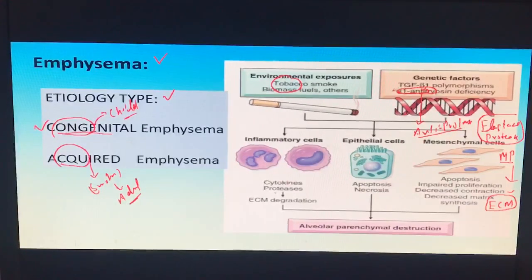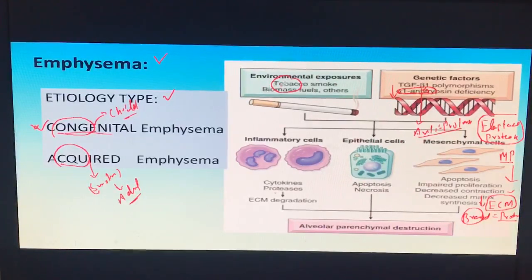So if genetically we have a deficiency here, during the process of remodeling of the extracellular matrix, there must be a balance between breakdown and production. If you break too much and produce little, what happens? The extracellular matrix quantity goes down. It leads to congenital emphysema. The child having a genetic issue here develops congenital emphysema, without smoking.